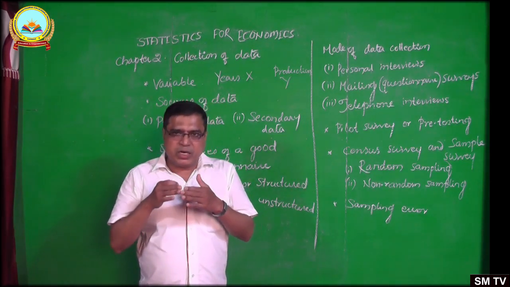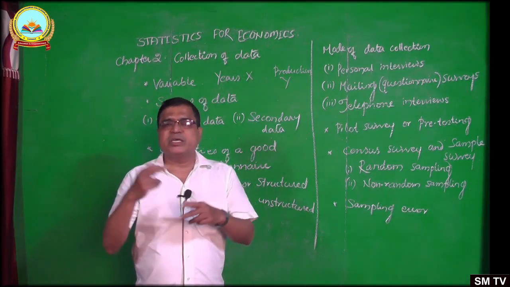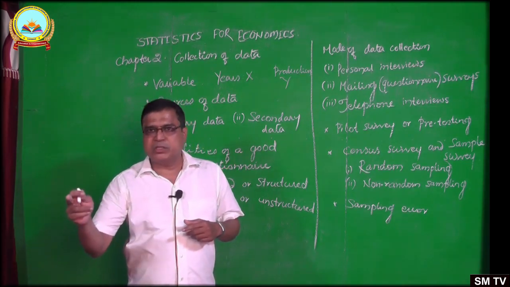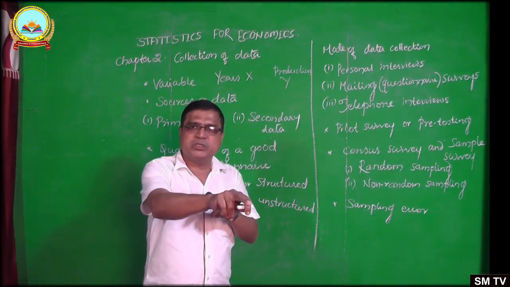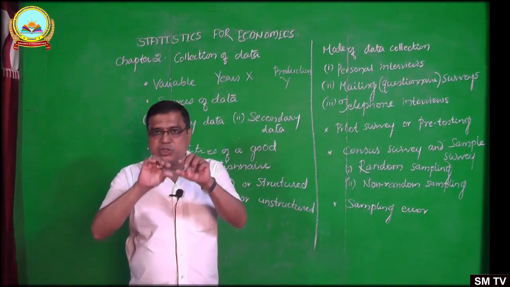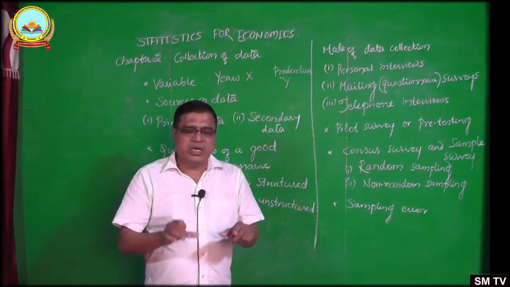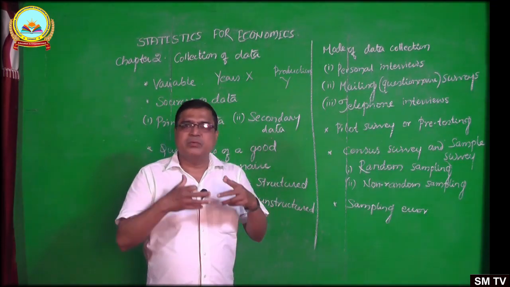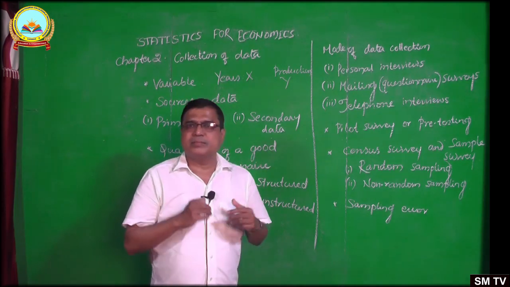So the marks scored is a variable. We can call it X. X is marks, and X assumes different values. For this student it is 100, for this student it is 35, for another student it is 68. Like this, it assumes different values. Therefore, a quantity which assumes different values is called a variable.